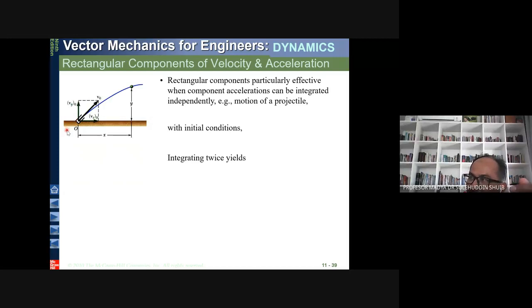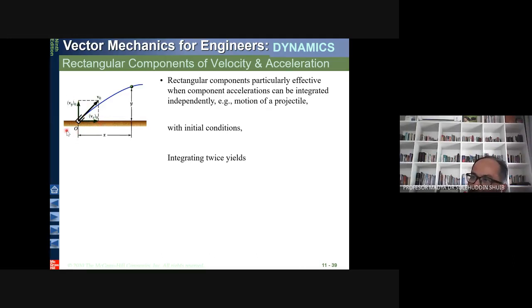So this is the case of motion of a projectile. We have a cannon here. I name this point of origin O, and we project with the initial velocity v0, which we can resolve into x and y directions: vx and vy.